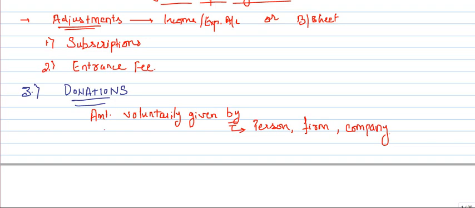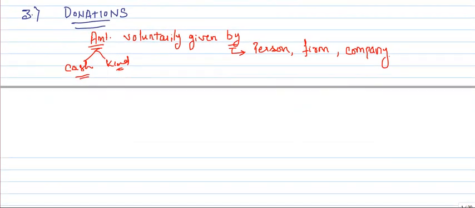Now this amount can be in cash or in kind. Clear? So this is the case of donations in case of non-profit organization.